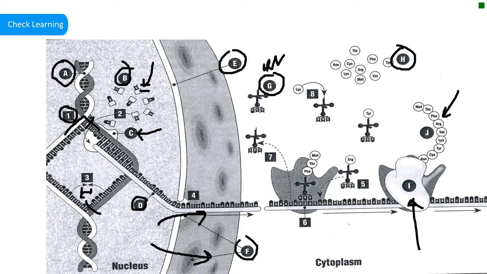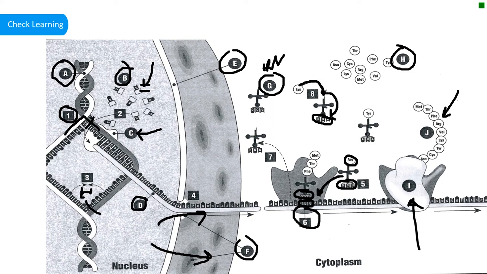So I'm going to talk about, let's say 6 first of all, is where the codon meets the anticodon for the correct amino acid. And 5 would be when the tRNA molecule for the next codon brings the corresponding anticodon with the relevant amino acid into the next place on the ribosome. 8 would be the correct anticodon where the amino acid would join to the tRNA that corresponds to the correct anticodon.